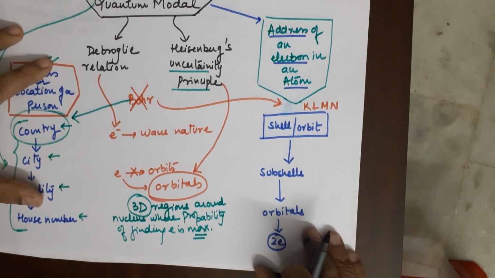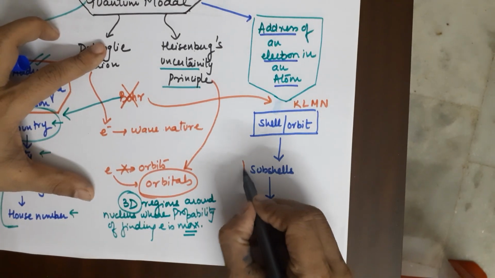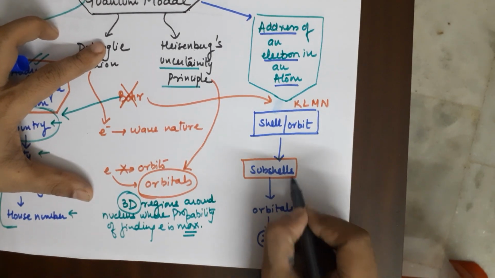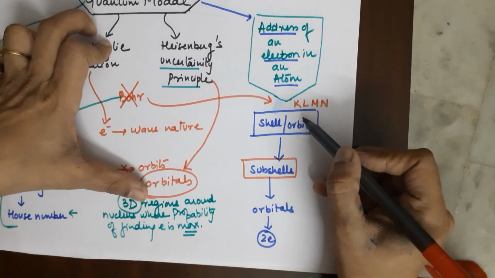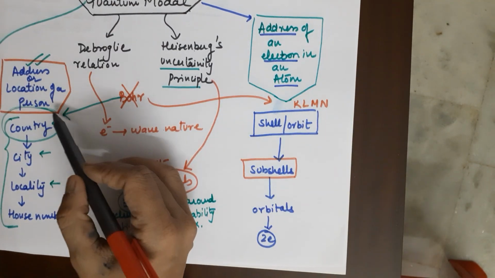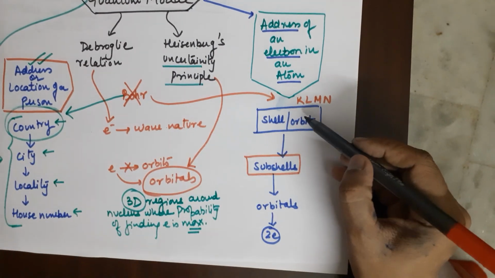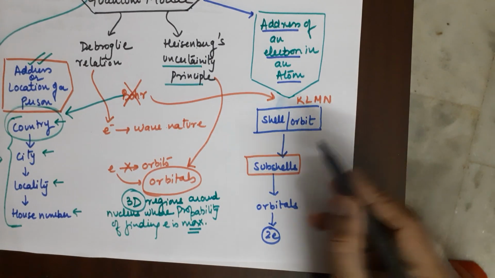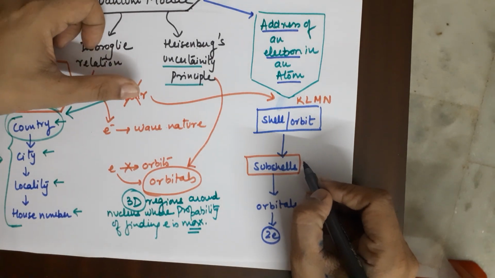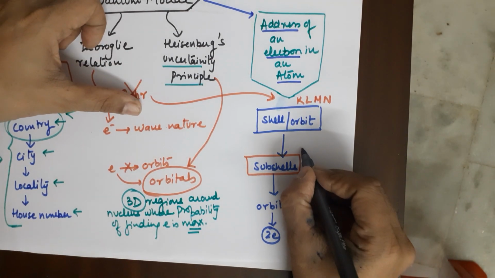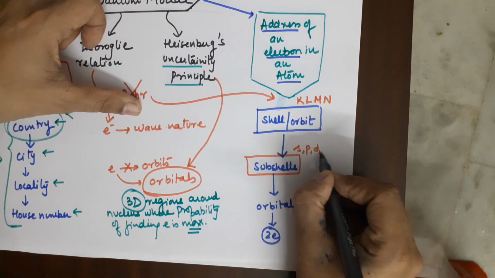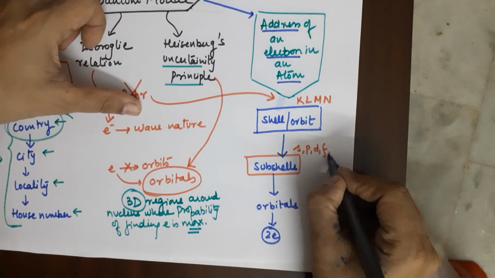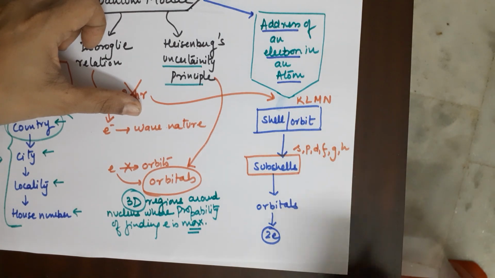After the shell, there are many subshells in the shell, which is the conclusion by the quantum model. Like in a country, you have many cities. Similarly, inside the shell, you have many subshells, and you have to locate your electron in one of the subshells. The subshells are named as small s, p, d, f, g, h, and so on.